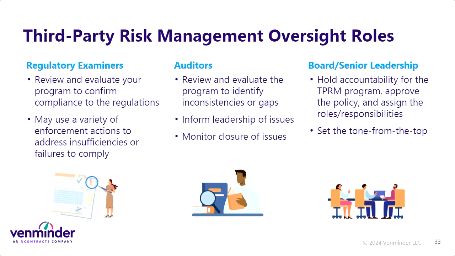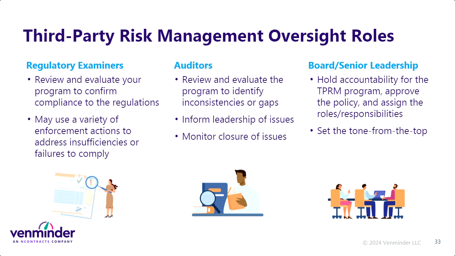Okay, so let's think about the roles that are involved in this third-party risk management oversight. Externally, we have those regulatory examiners. They come in, they review your program, and they identify any gaps or weaknesses. They're there to confirm that you're complying with the regulations. If you are not, they have a variety of incentives to get you to do that.